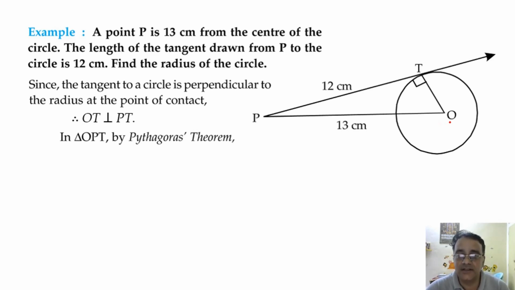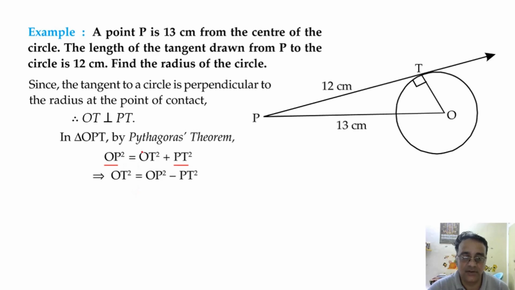OP square is equal to PT square plus OT square. The value of OP is given and the value of PT is given, right? So we will shift this to this side. PT square shifted here, so it becomes minus PT square.